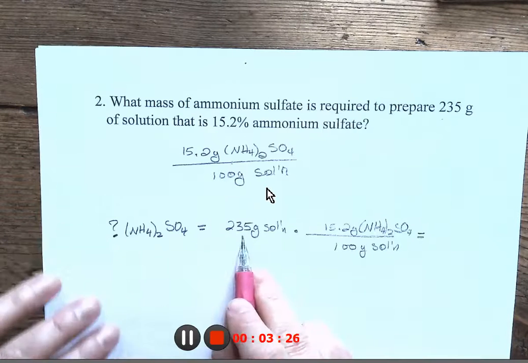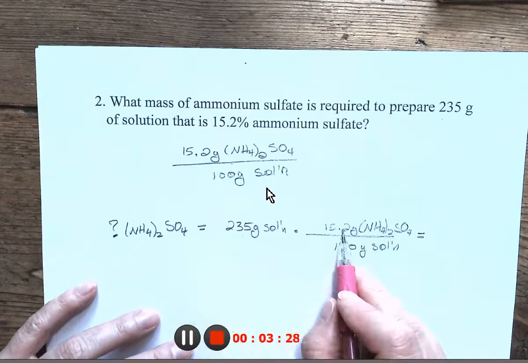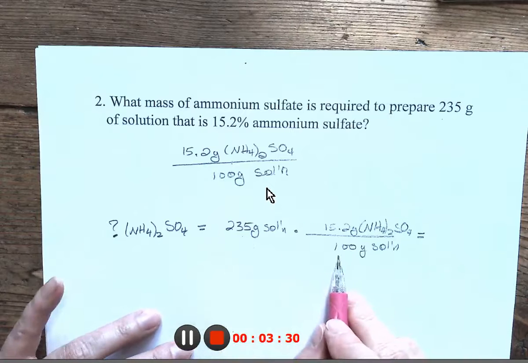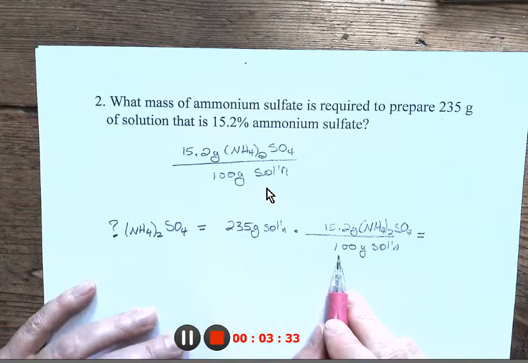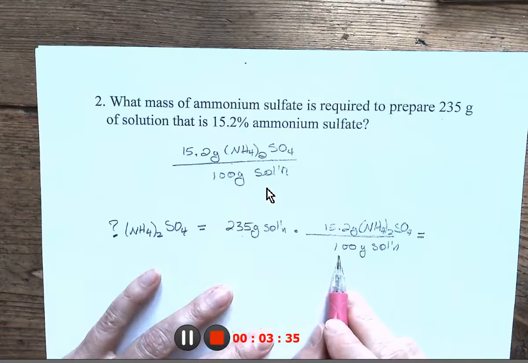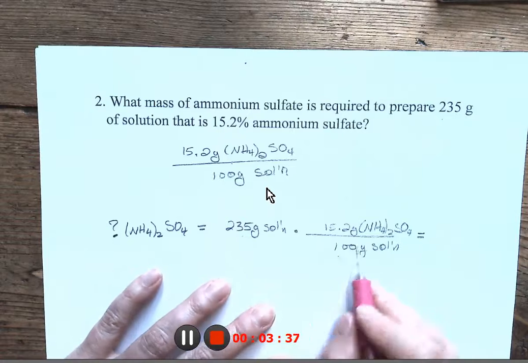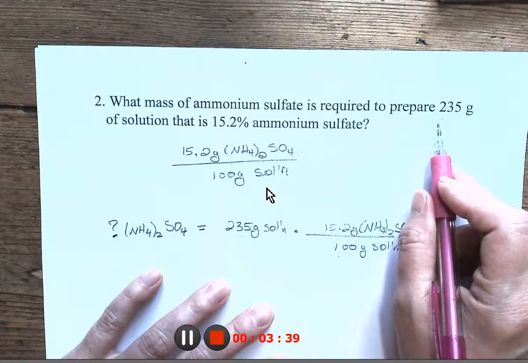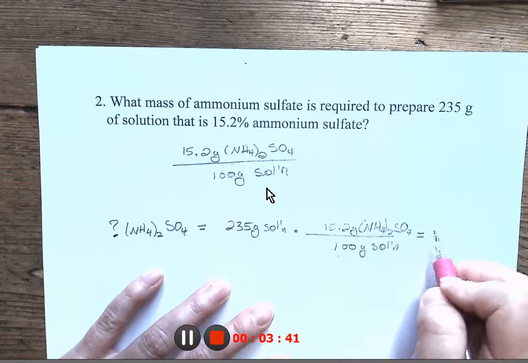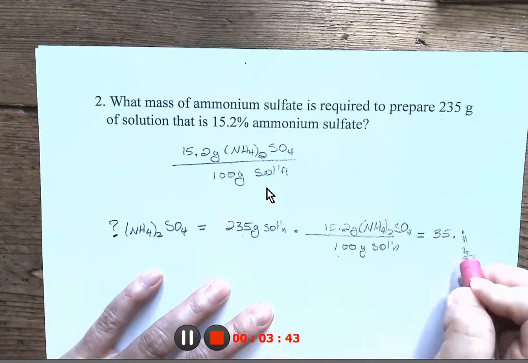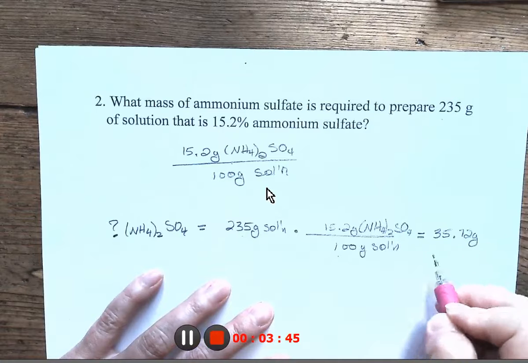So this is 235 times 15.2 divided by 100, and we find that in order to make this percent solution in 235 grams of solution, we're going to need 35.72 grams of ammonium sulfate.